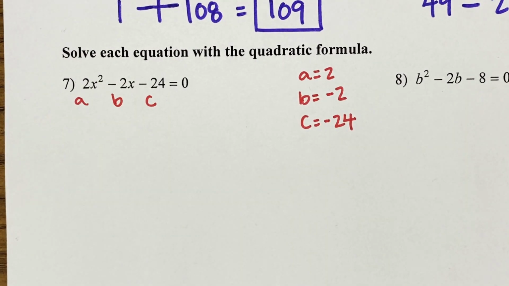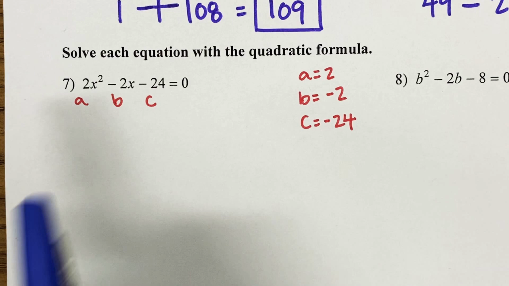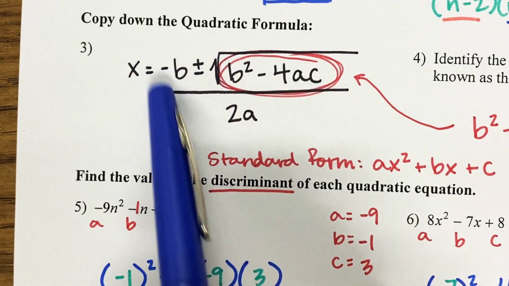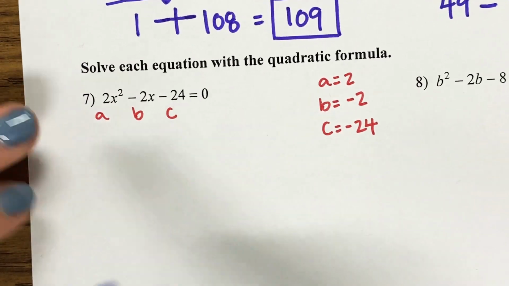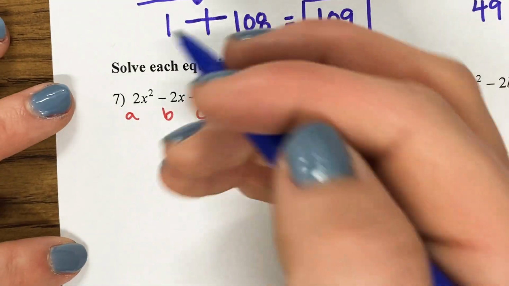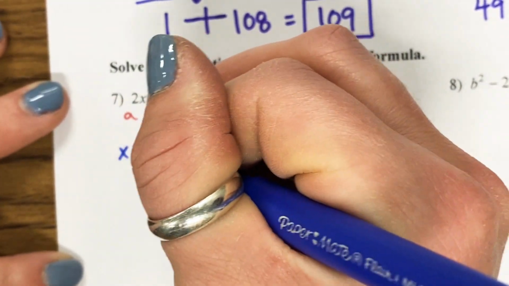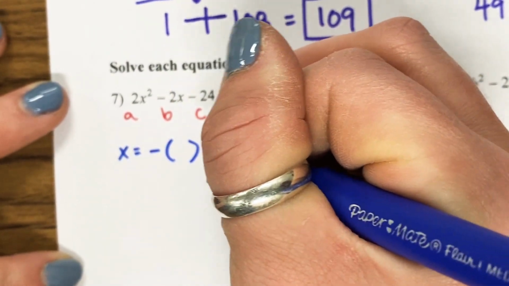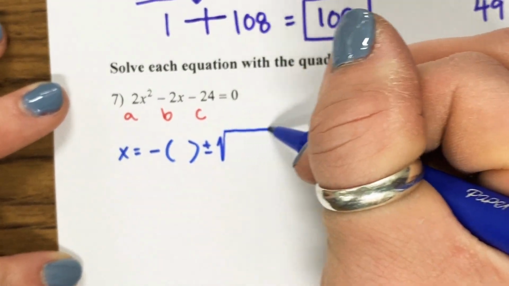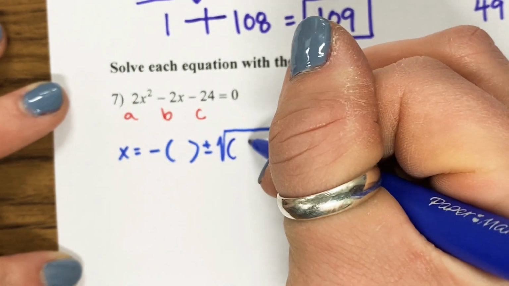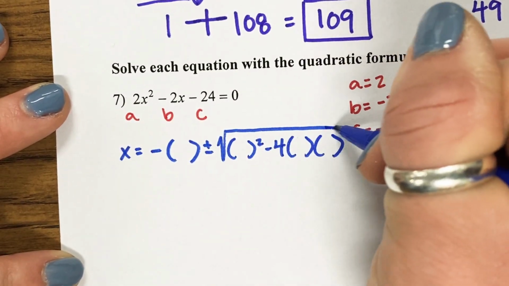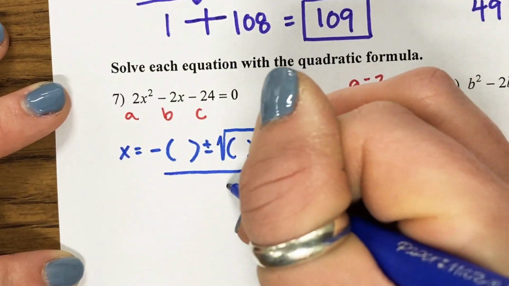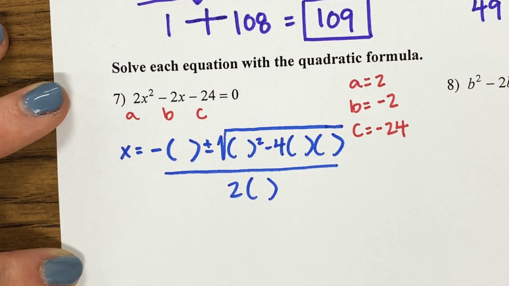Now we're going to write the entire quadratic formula without the A's, the B's, and the C's, because we know what they are. So we have x is equal to -b plus or minus the square root of b squared minus 4 times a times c, all over 2 times a.